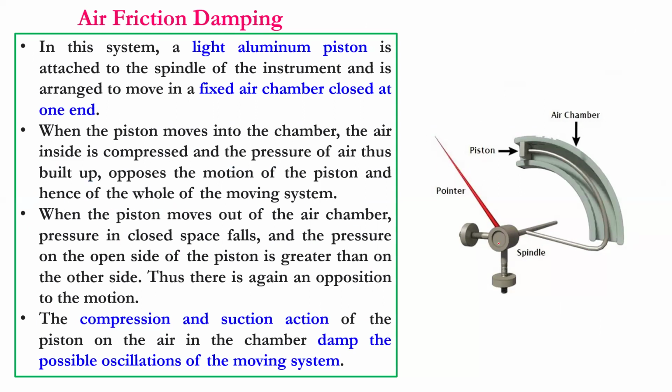When the pointer moves, this piston offers opposition, and with the help of this air chamber it nullifies those oscillations and deflections. If I fill it with oil, that is called fluid friction damping. Our main intention here is to nullify oscillations.